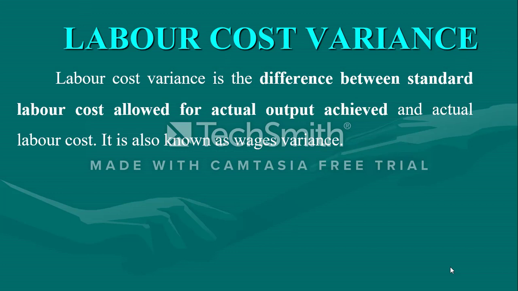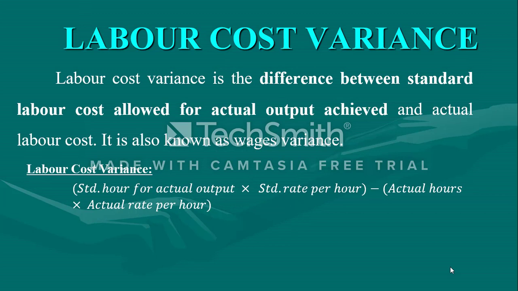The formula for calculation of labor cost variance is standard hours for actual output into standard rate per hour minus actual hours into actual rate per hour. Here the standard hours for actual output is a predetermined number of hours for actual production, and the standard rate per hour is a predetermined rate per hour.